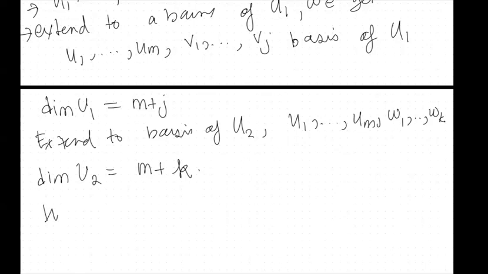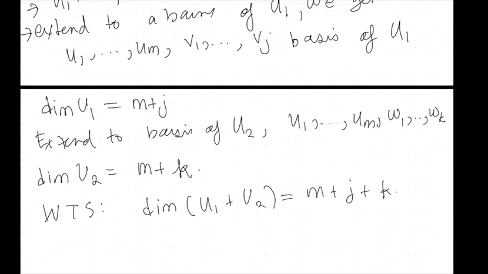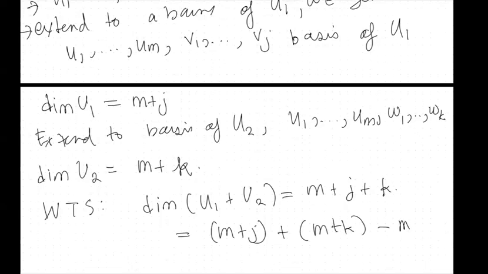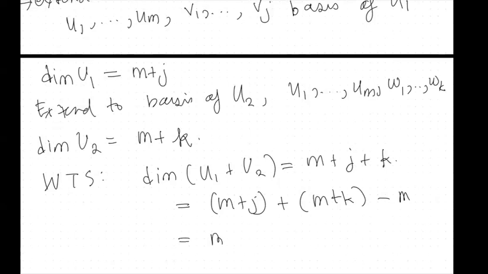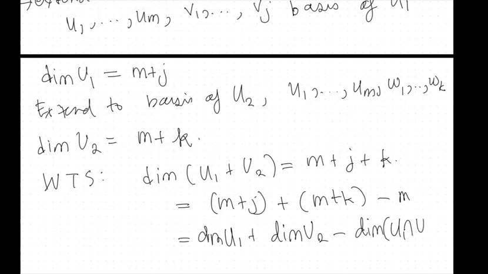Now, we want to show that the dimension of U1 plus U2 is equal to M plus J plus K, which is just equal to M plus J plus M plus K minus M, which is equal to the dimension of U1 plus the dimension of U2 minus the dimension of U1 intersection U2.